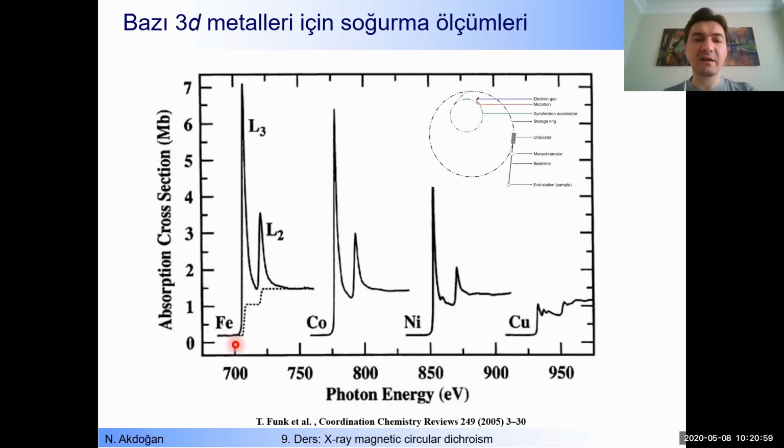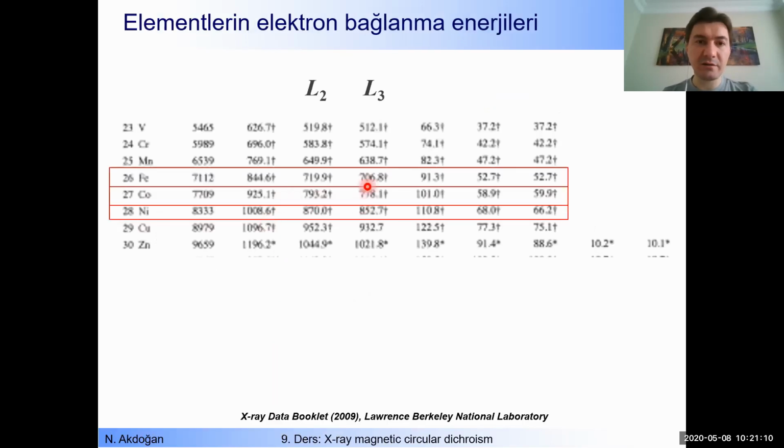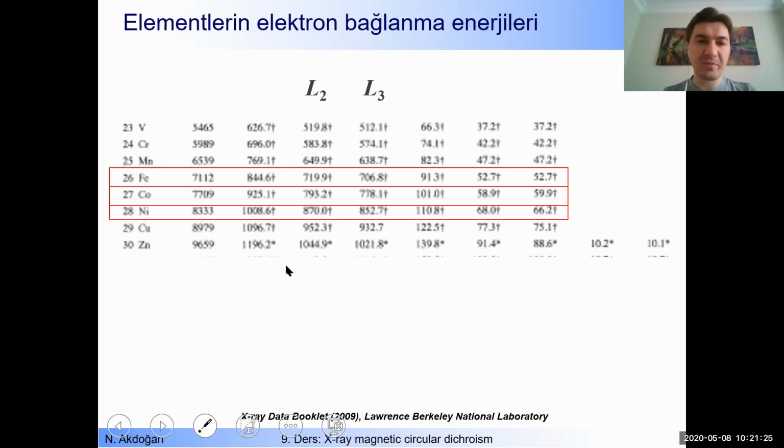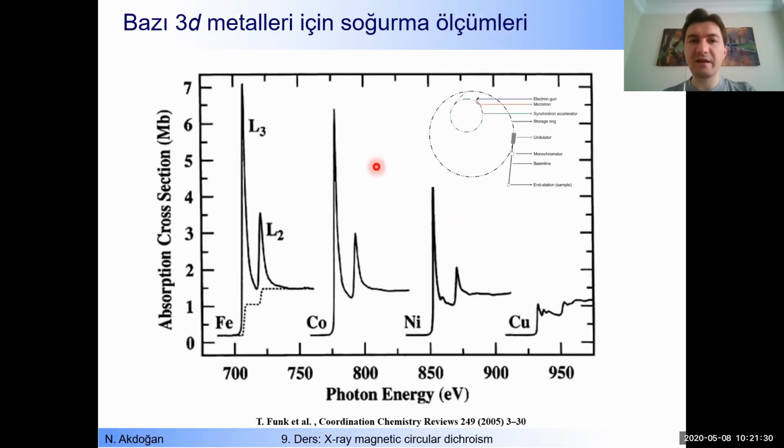Look at iron between 700 and, let's say, 730. You can see the absorption edges. For cobalt, between 778 and 793, you can see those energies.